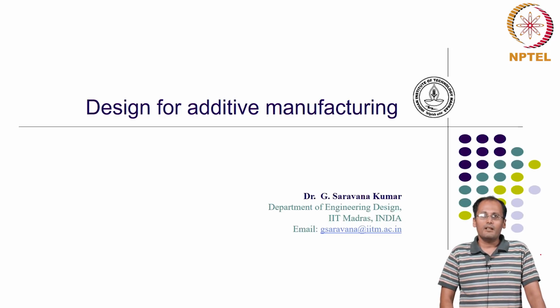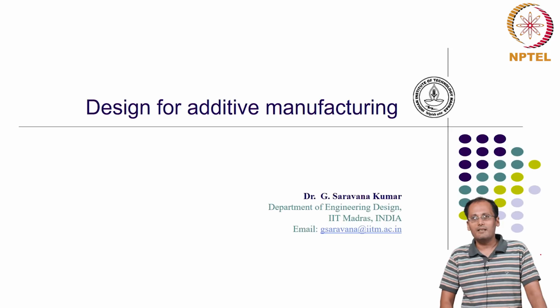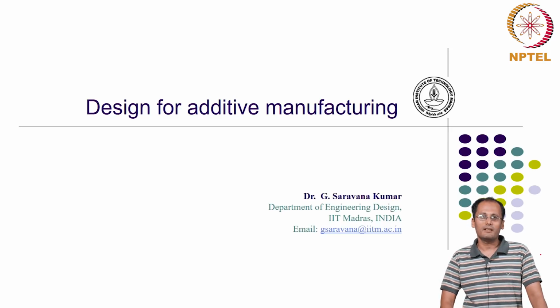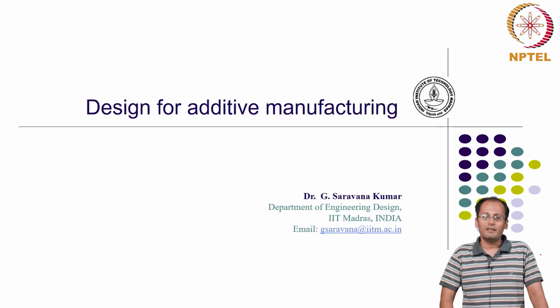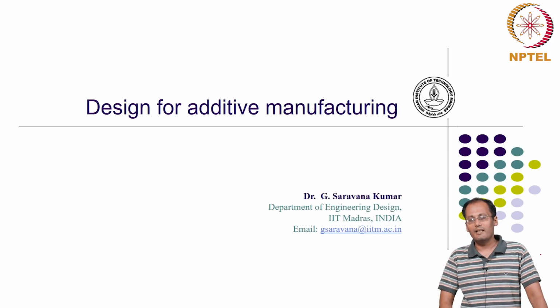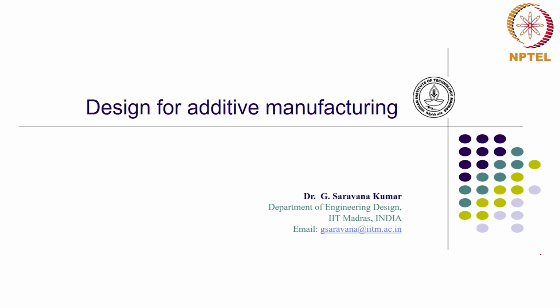So, this process is called additive manufacturing, and this technology has evolved from 3D printing or solid freeform fabrication as early as 1986 or 87, when the first technology was developed based on photopolymerization, and the technology was called stereolithography.